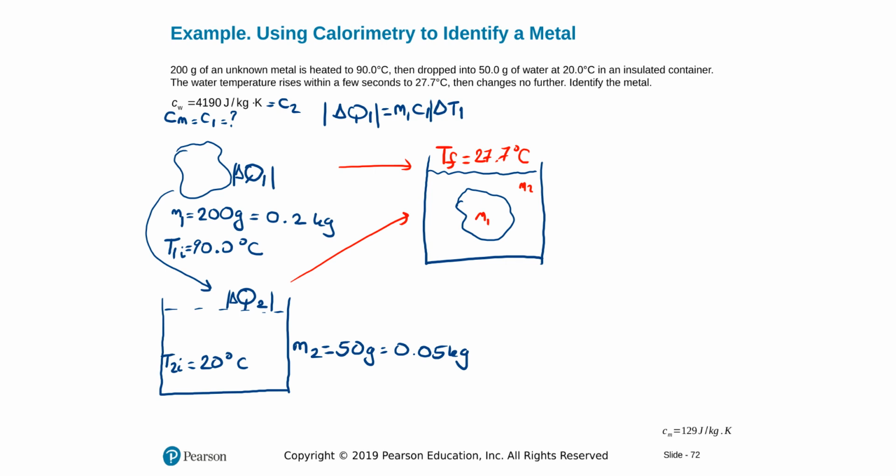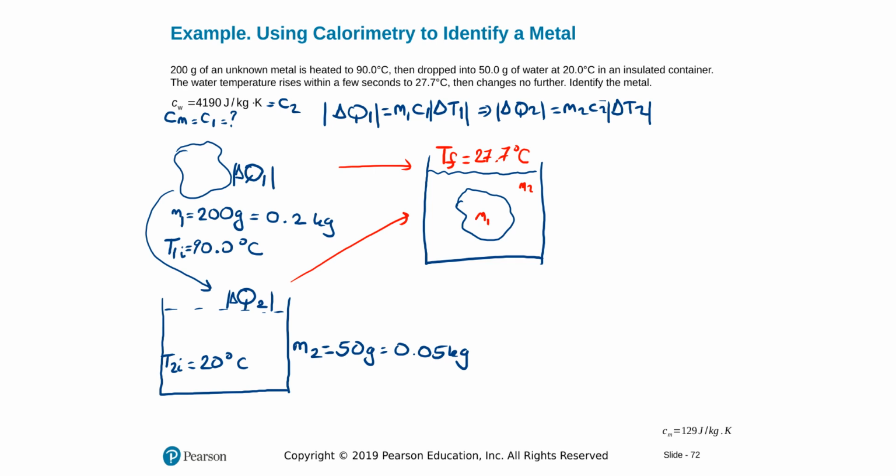Here delta T1 is the main idea. We'll get a negative value when we say T final minus T initial because final is lower, but we can take the absolute value of it. That works perfectly fine. And delta Q2 will be M2 C2 delta T2. And again, we'll take the absolute values.